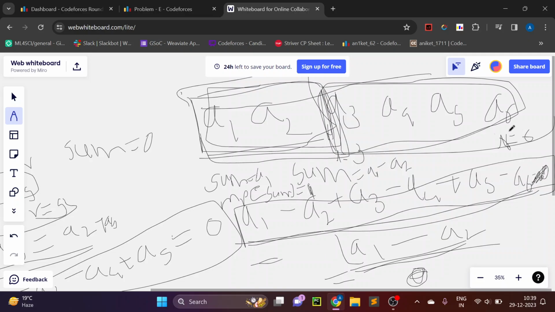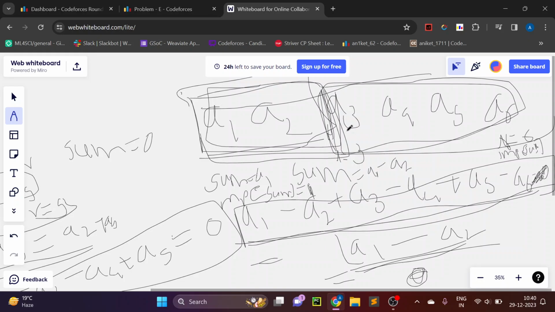So now I will check if I have the map of sum as visited, or I got this sum already, then I can say that the difference between that sum and the sum at the current index will be equal to 0 because both of them are equal.